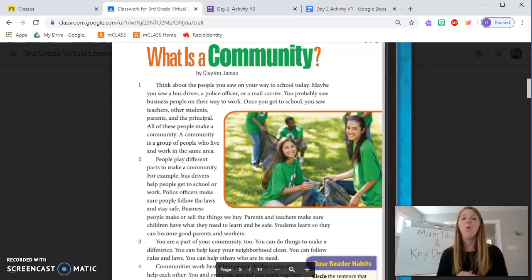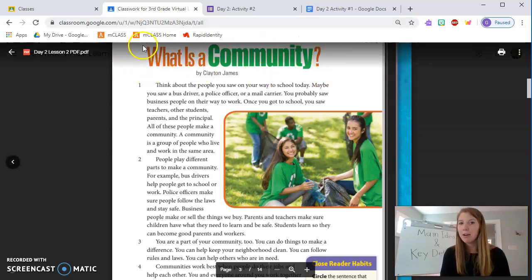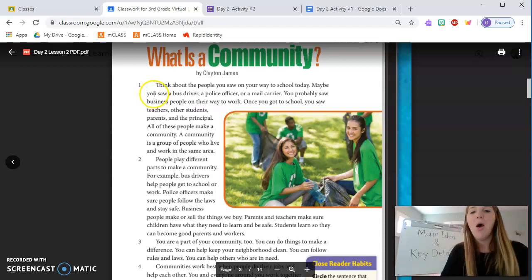So we were practicing asking questions and answering them as we read. I'm already noticing here that my title is a question. It says, what is a community? So already, being the reader, I'm asking myself, what is a community? Am I going to find out in this text? You bet I am. Let's see.